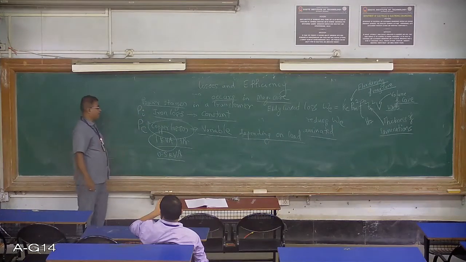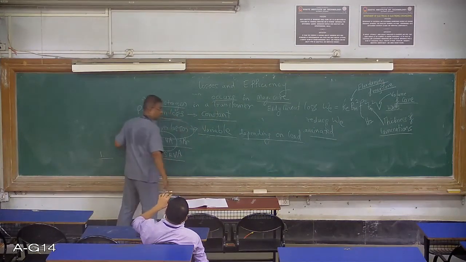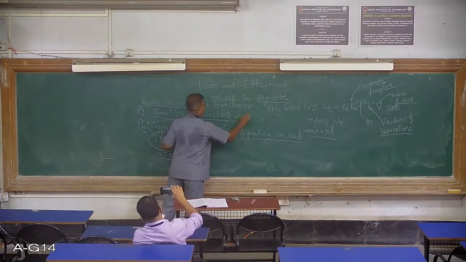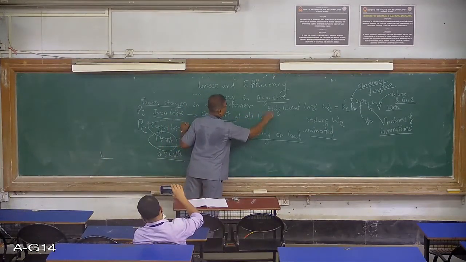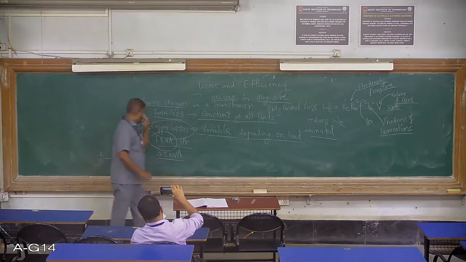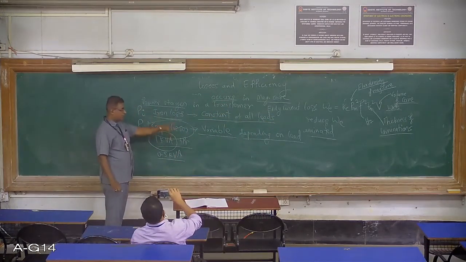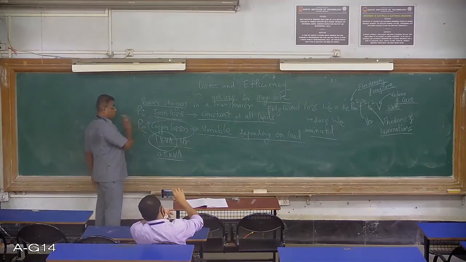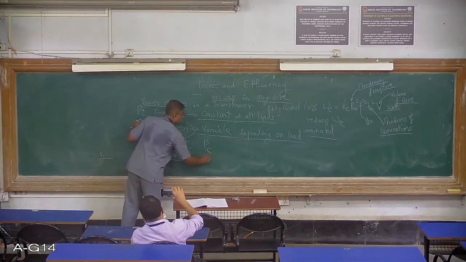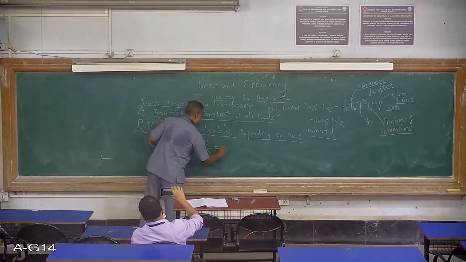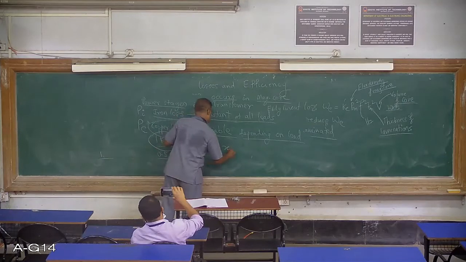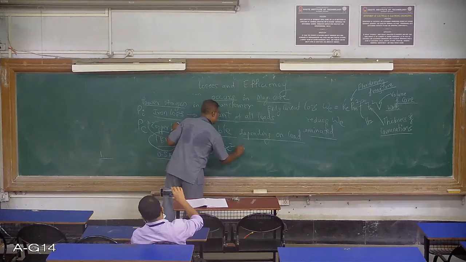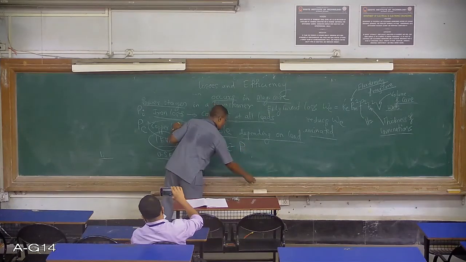This PI is constant at all loads, constant always. Copper loss is variable depending on load. More load, more losses. So in general, PC is given by x squared times the load current.